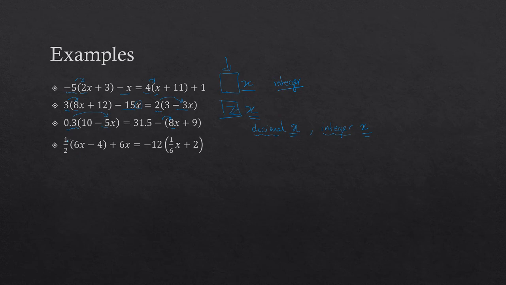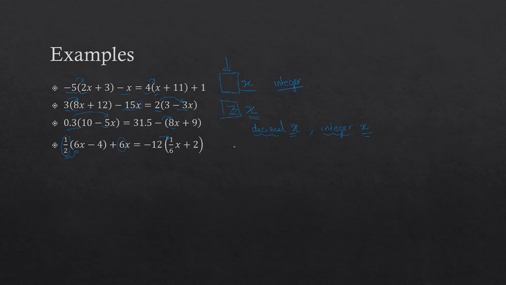The last one is half multiplied by the bracket 6x minus 4 plus 6x, equal to minus 12 between two brackets 1 over 6x plus 2. We have here a fraction, which is half multiplied by 6, so this will give us 6 over 2. And we have 6x, and we have minus 12 over 6.